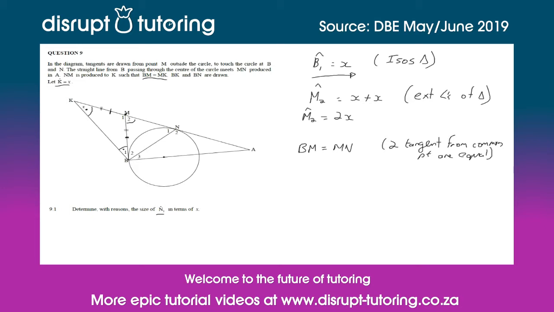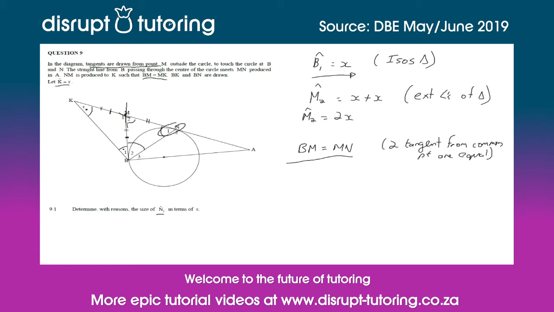They've told us that MB and MN are tangents drawn from the circle, that's that first statement over there. So we can conclude that these two lines are equal. And because these two lines are equal, there's now another isosceles triangle, and that's going to include your N1, which you're trying to solve for.